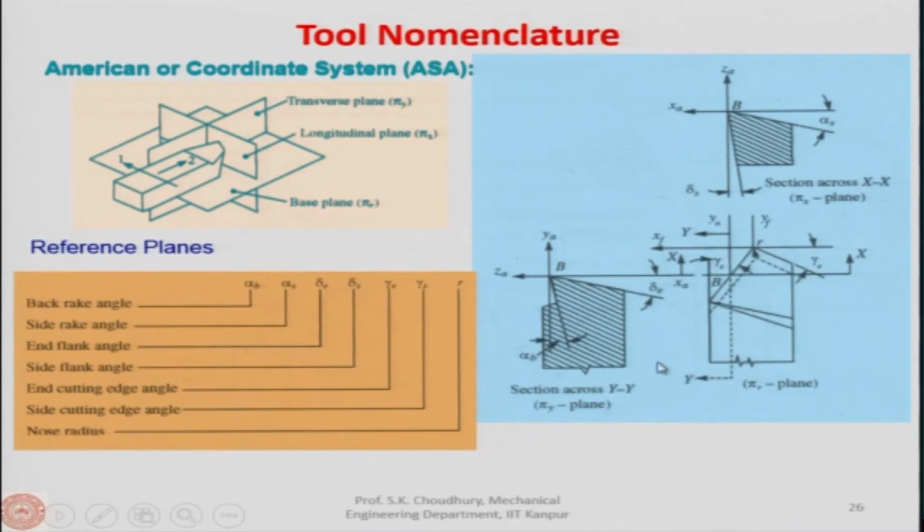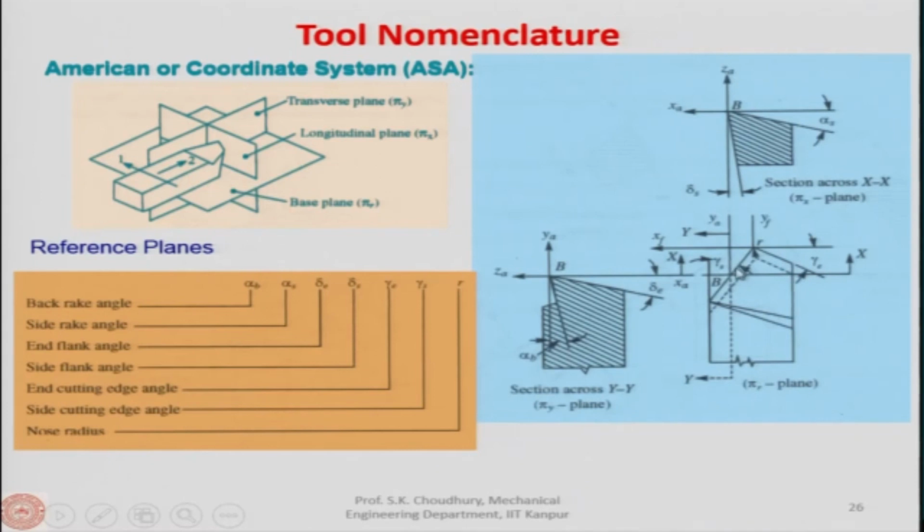Now, we will place these views here: the XX section we will place here, and the YY cross section, how you can see that cross section, we will place here.